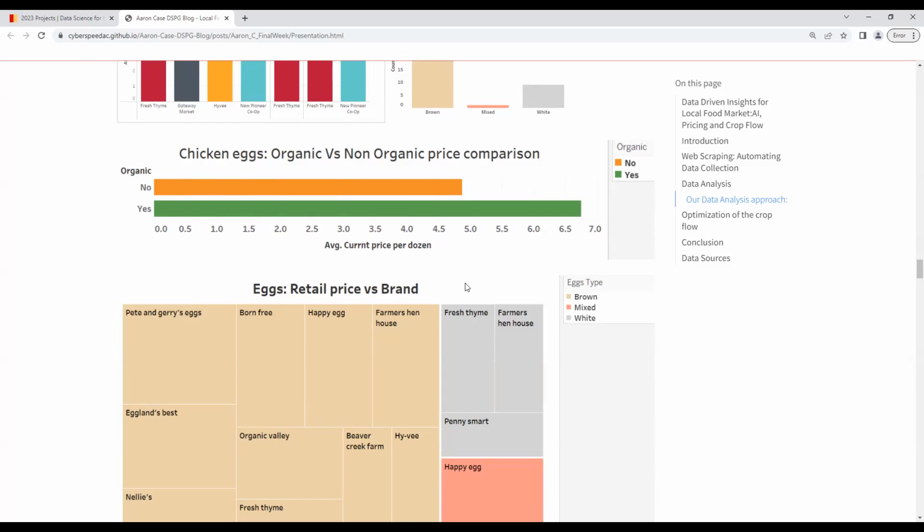Understanding this can help farmers emphasize the unique qualities and benefits of their organic eggs, and talk about the marketing efforts they have put in. They can highlight factors such as superior nutritional value, sustainable production practices, and animal welfare standards to justify the higher prices of organic eggs. This can attract customers who value organic and are willing to pay a premium for it.